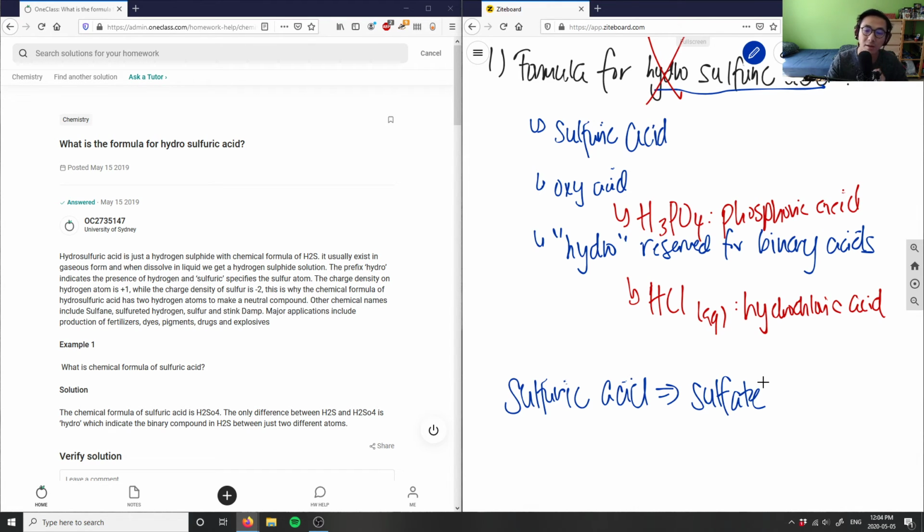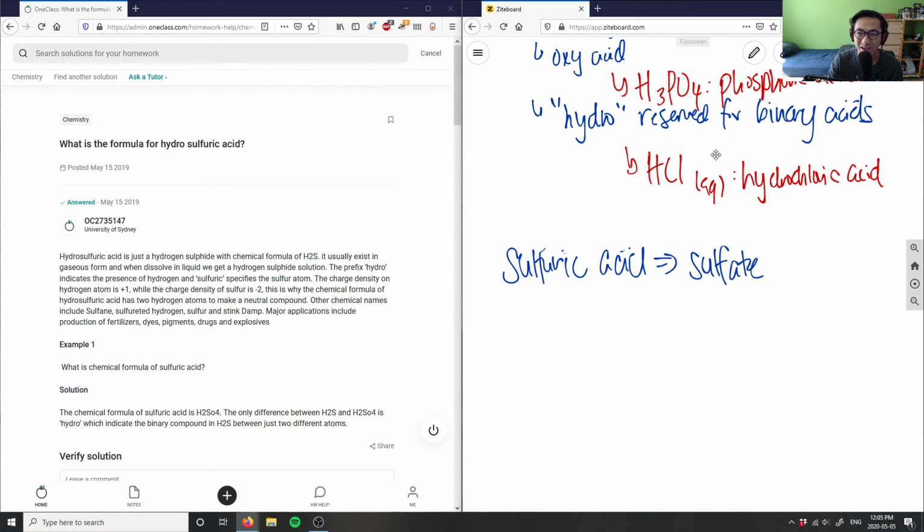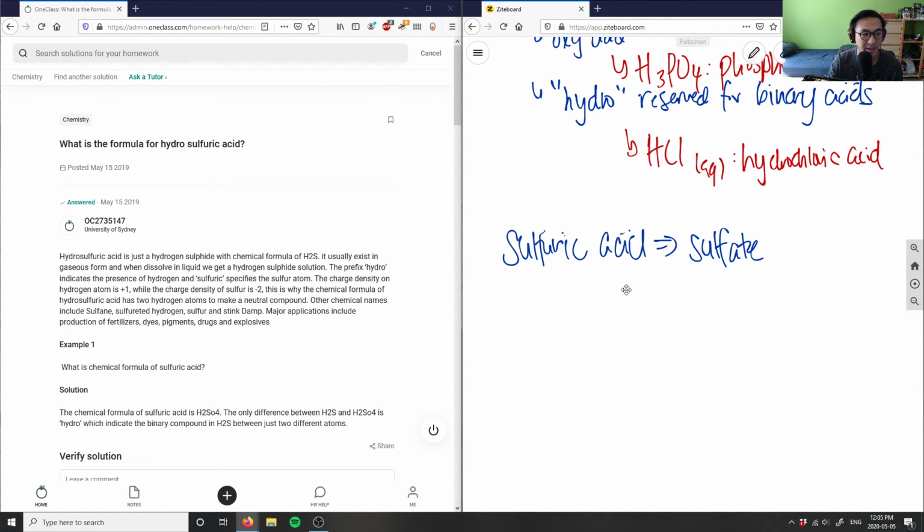If you remember from our rules, ic acid changes from ate, and ous acid from ite. So this is sulfate, and we know that sulfate is SO4, very common polyatomic ion, and this is SO4 2 minus.